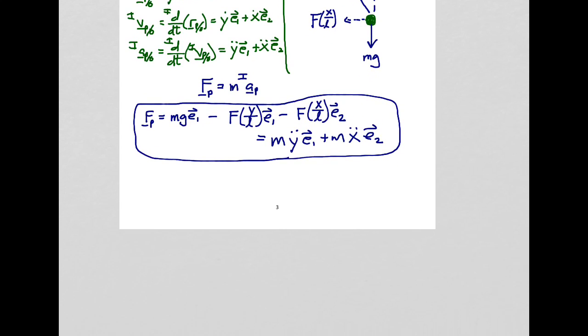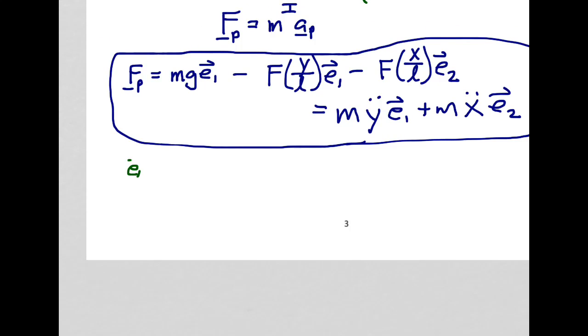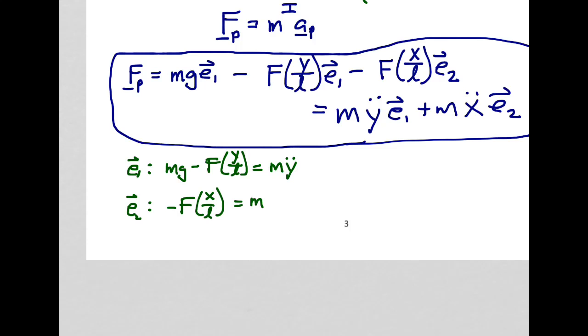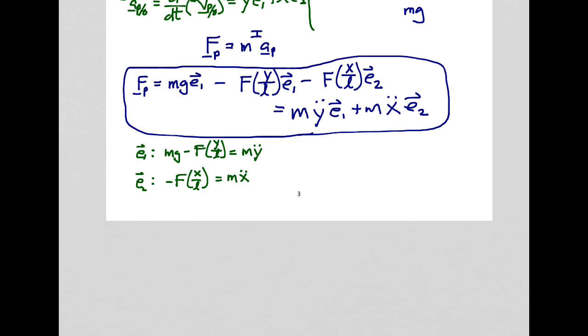So we collect our terms and then set our coefficients equal to each other. So collecting our terms in the E1 direction gives us mg minus F times y over L is equal to m y double dot. And then in the E2 direction, we collect our scalar terms, we get minus F times x over L. This is equal to m times x double dot. And so now we have, from one vector equation, two scalar equations because we're working in two dimensions.